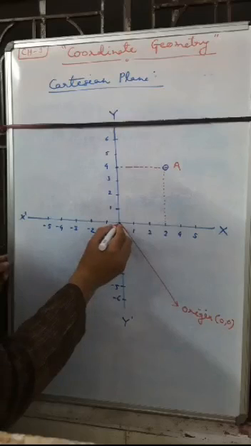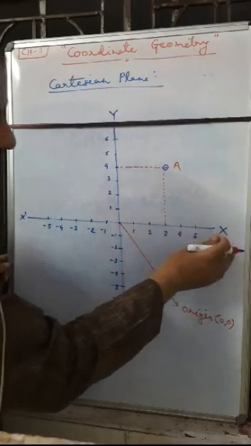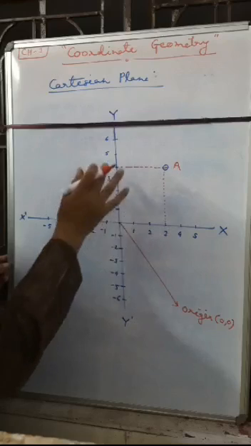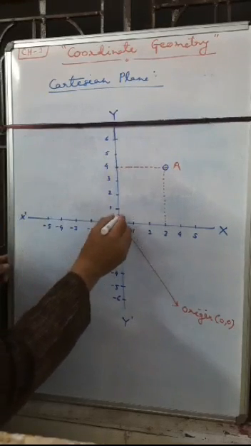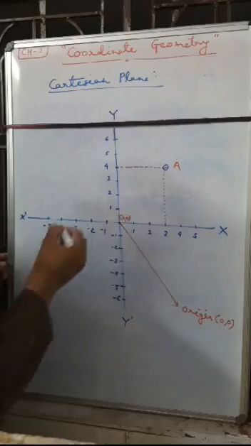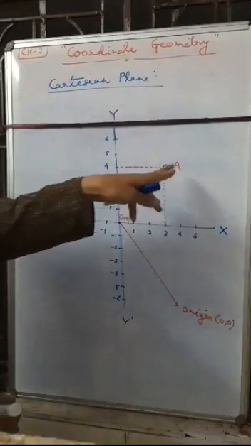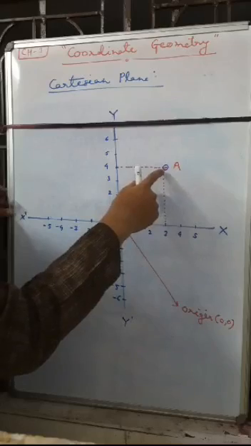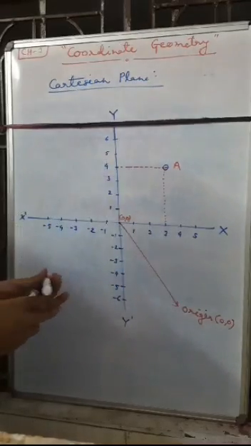That means we have covered the distance from the origin to 3 on the x-axis, and from the origin to 4 on the y-axis. This origin point has coordinates 0, 0. So here we have shown the position of ball A from the x-axis and y-axis.